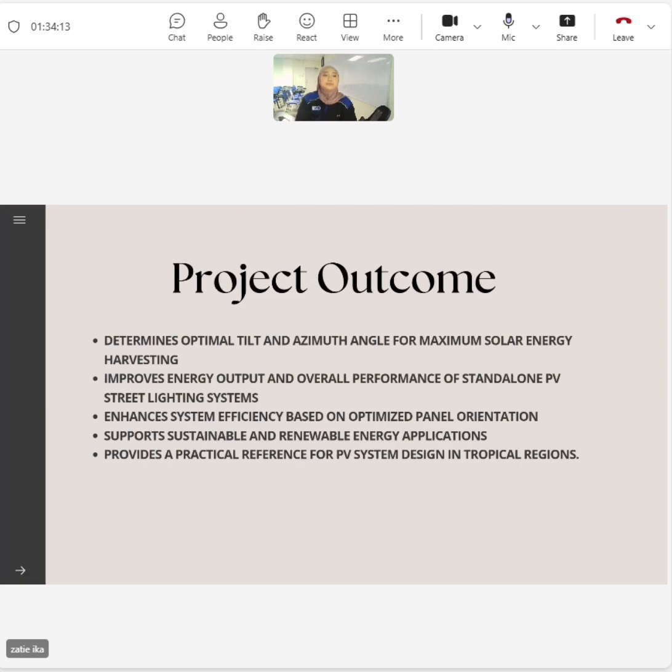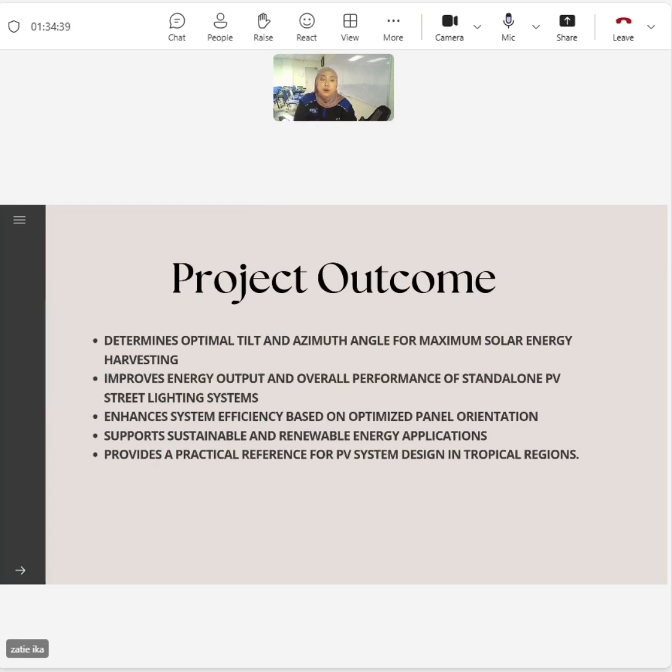We go to project outcome. First, I determine optimal tilt and azimuth angle for maximum energy. This helps improve energy output and overall performance of standalone PV street lighting. It also enhances system efficiency through better panel orientation.